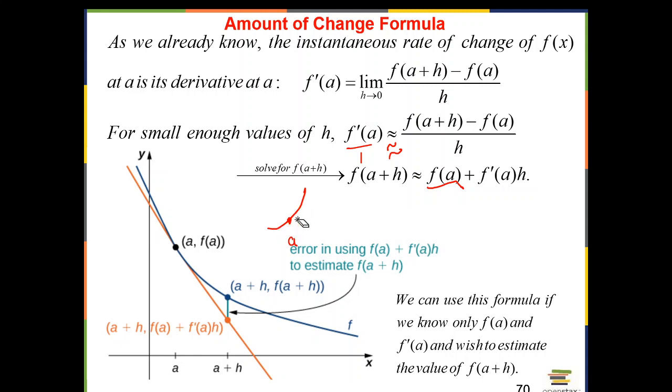So if this is a, and I know the value f of a, and I know the slope of the tangent, which is f prime, then I can find the function value at a plus some number, a small positive number or small negative number to the right or to the left of a.